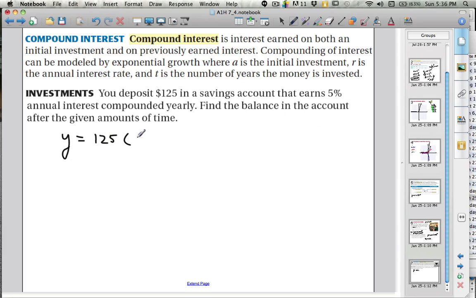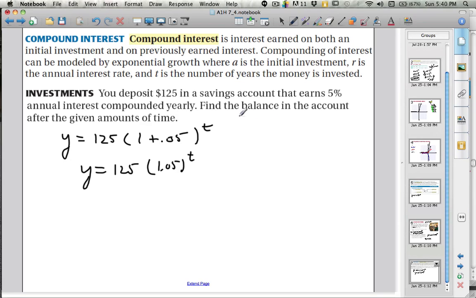It earns 5% interest, so I'm going to have 1 plus 0.05 to the t power. Okay, so y is equal to 125 times 1.05 to the t, and I can look at that for different time periods. So we're going to find the account balance after 1 year, 2 years, 5 years, and 20 years.